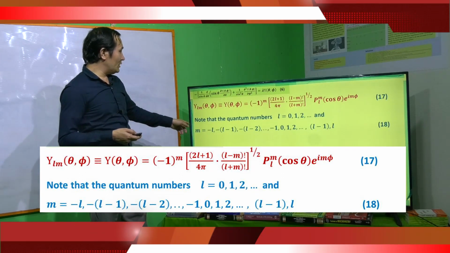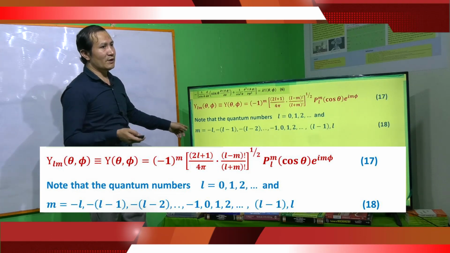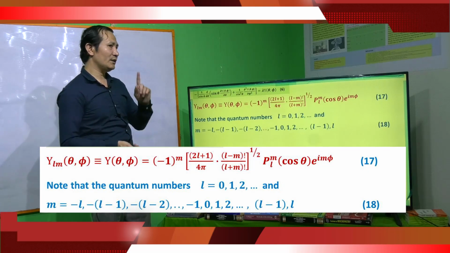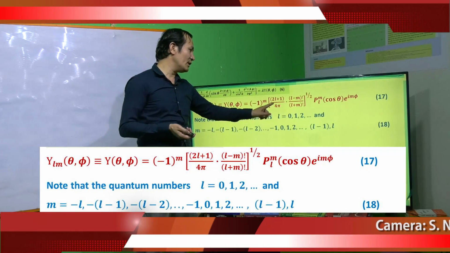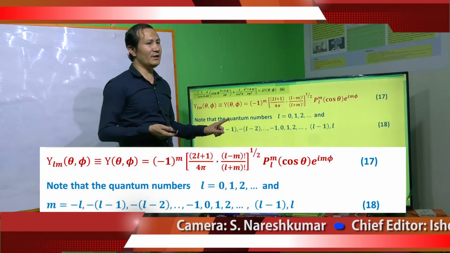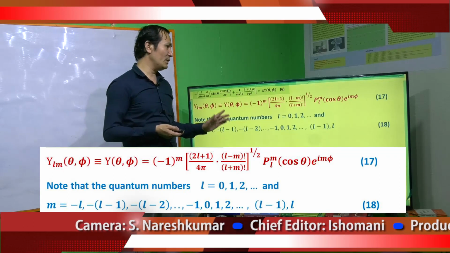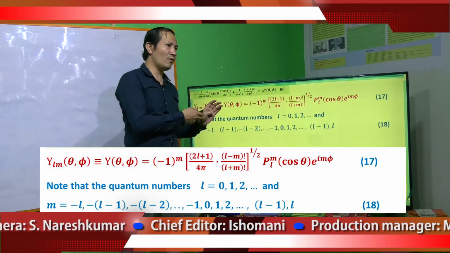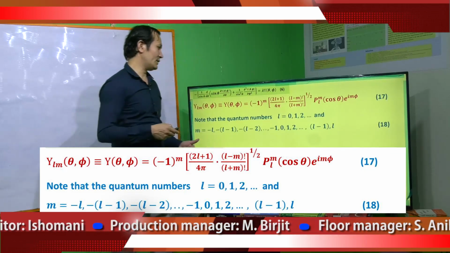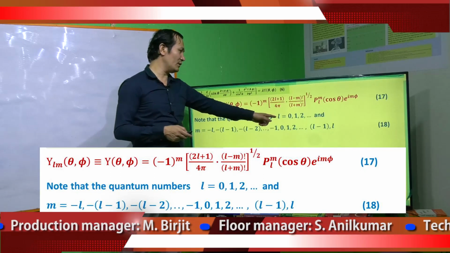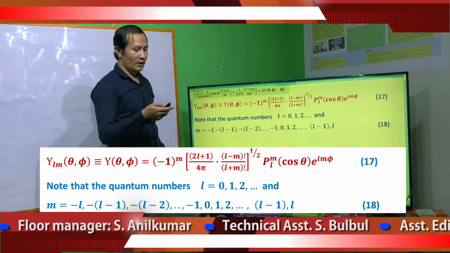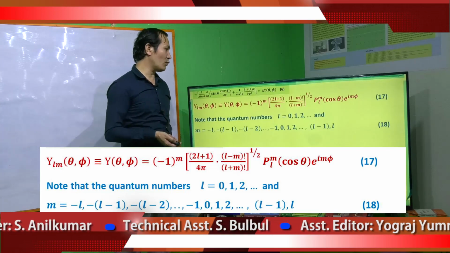So m can be only integers, 0, plus or minus 1, and that automatically implies that small l should also be integers, but they cannot be negative, simply either 0 or positive integers, which we call non-negative integers. l is a non-negative integer, which we will later call the azimuthal quantum number or orbital quantum number in the hydrogen atom.